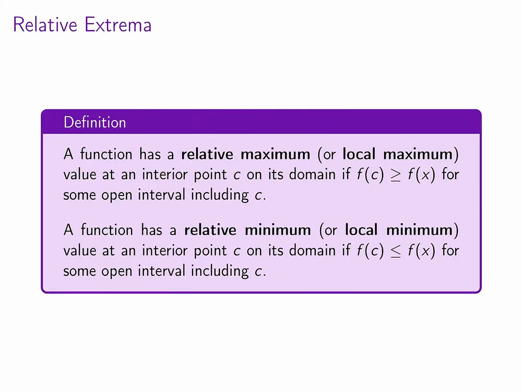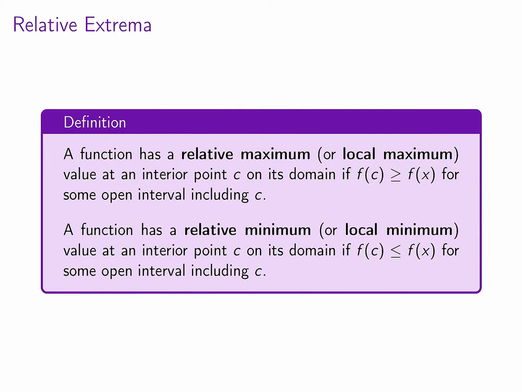All right. So another thing that we want to look at is the idea of relative extrema. So let's look at the definition. A function is going to have a relative maximum. Sometimes these are also called local, relative or local. I may say both. I'll generally say relative, but local means the same thing. But a function is going to have a relative maximum value at an interior point of its domain if f of c is greater than f of x for some open interval including c.